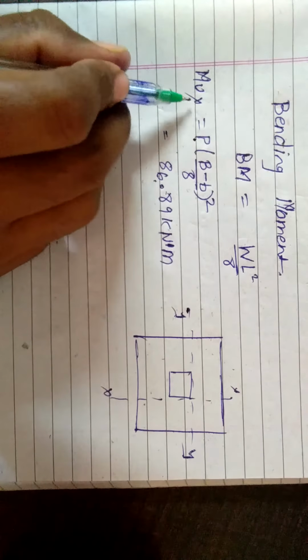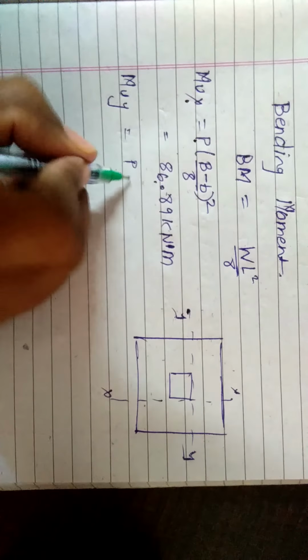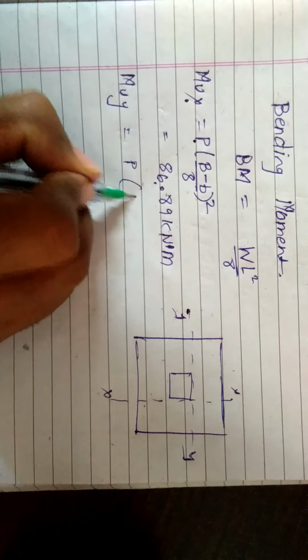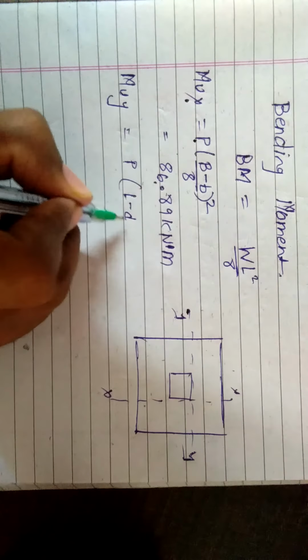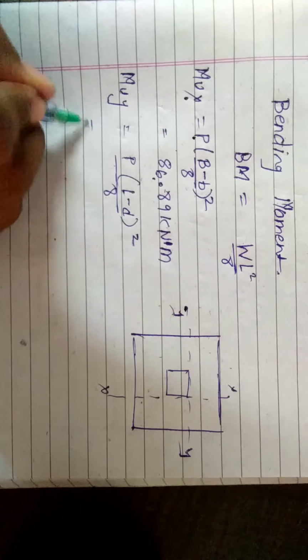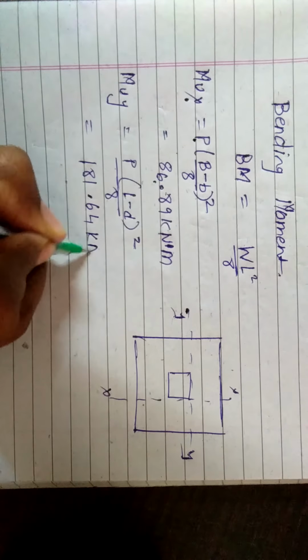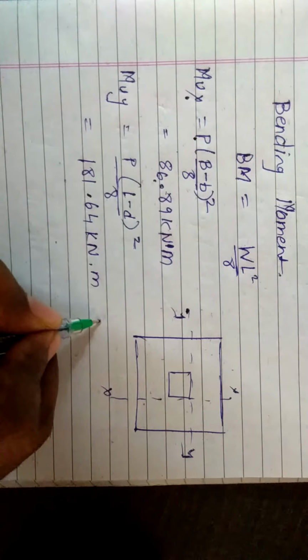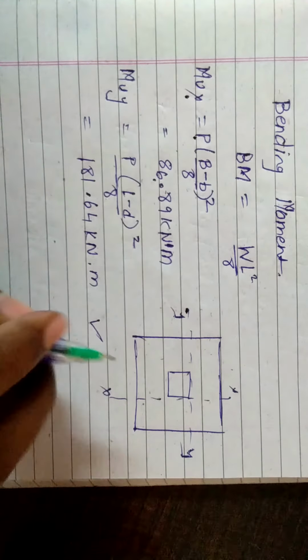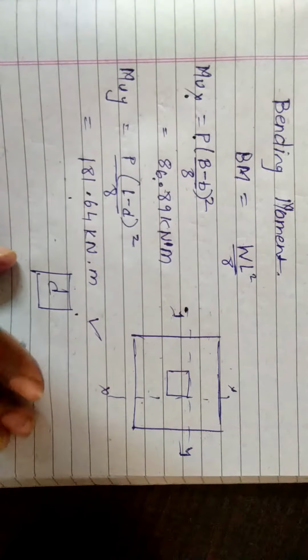This is the moment with respect to x, and the moment with respect to y, that is upward soil pressure into (L minus b) divided by 8 raised to 2, that will give the value 181.64 kilonewton meter. Always choose the greater value, because the maximum will be the bending moment. As per that you are going to take the depth of footing.